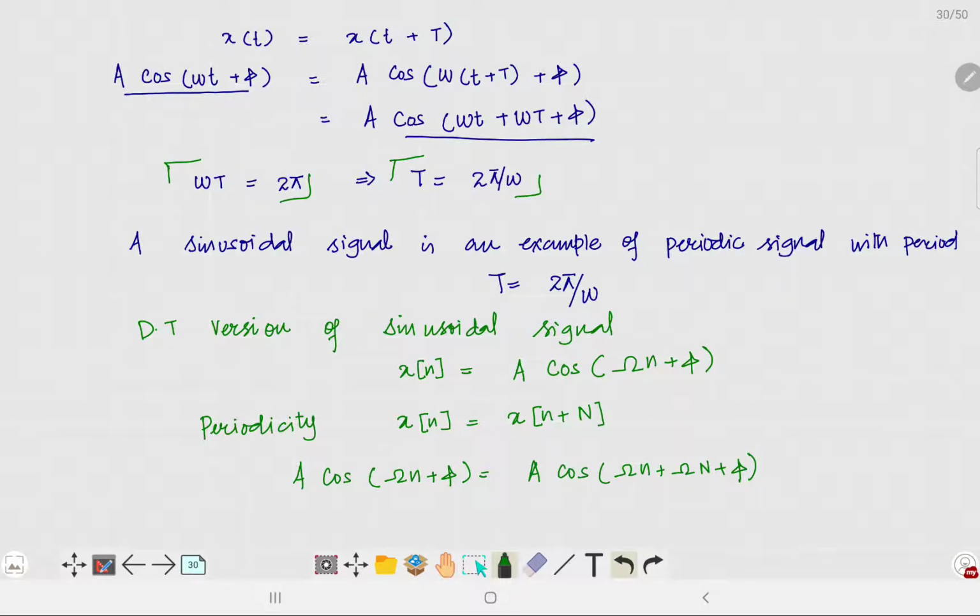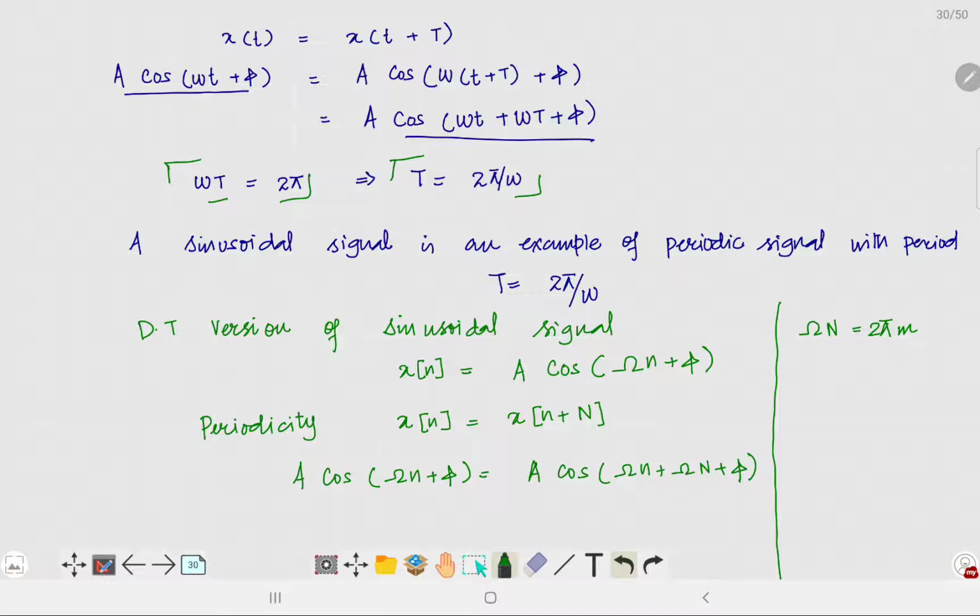To satisfy the condition of periodicity, we have to ensure that omega N is equivalent to 2 pi m, with a small m. Why am I using this modulating factor? Because capital N has to be an integer, unlike in the continuous case where T could have been any value with no restriction.